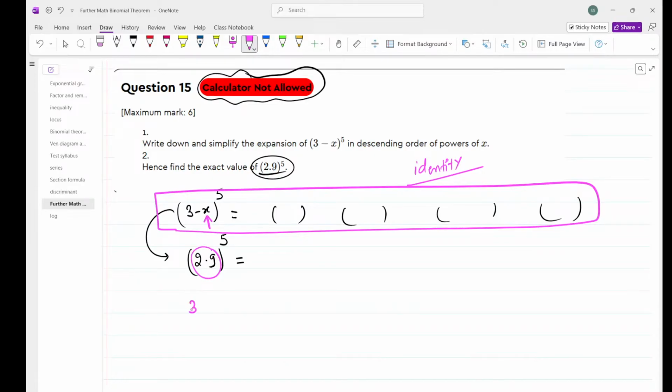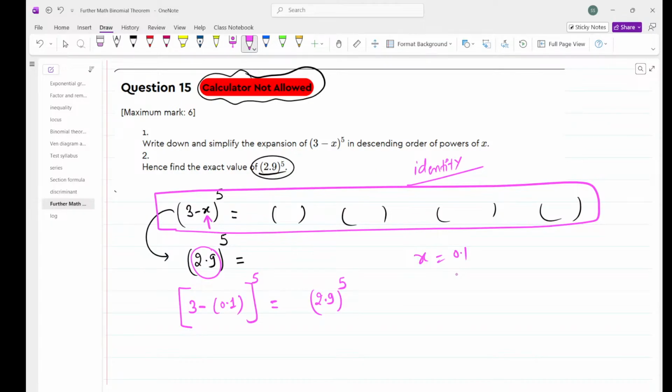If I substitute the x value as 0.1 in 3 minus x raised to power 5, it will be equal to 2.9 raised to power 5. So in all places in your expansion, just replace your x value with 0.1. You will get your answer.